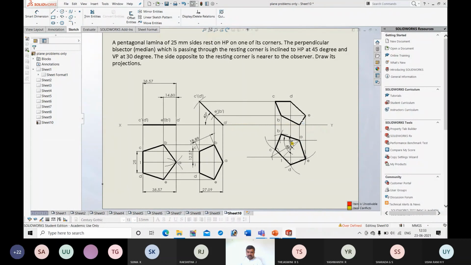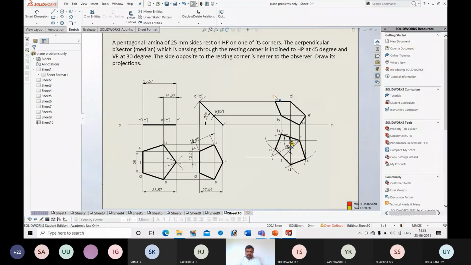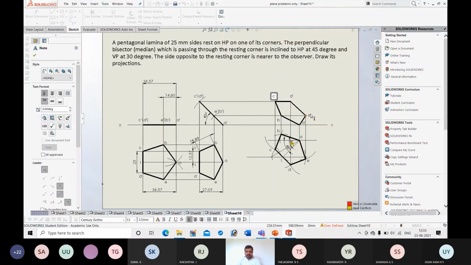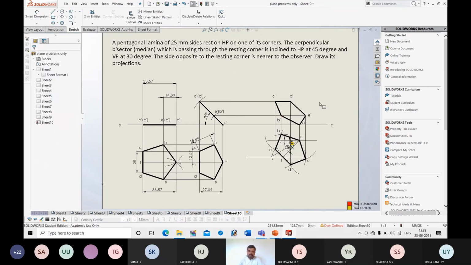Okay, I should name this as A dash B dash. Okay, I did mistake. So since it is front view, all these points should have dash. So this is the final front view.